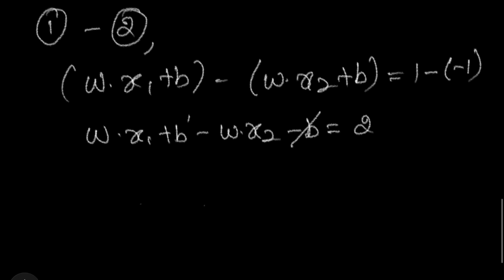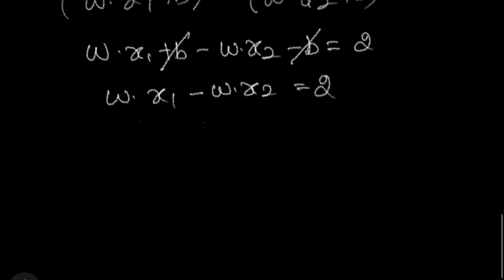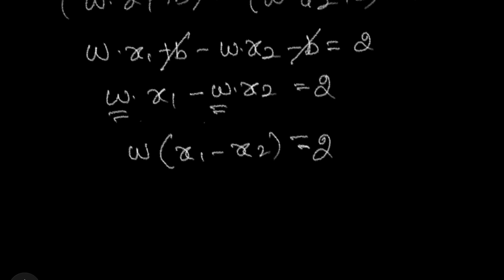So let me cancel it out. So I'll get W into x1 minus W into x2 equals 2, right? So here W is common, I'll take that common term outside, so W (x1 minus x2) equals 2. Let me make it equation 3.